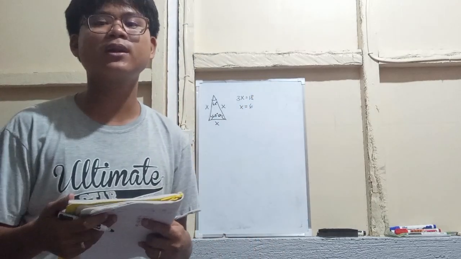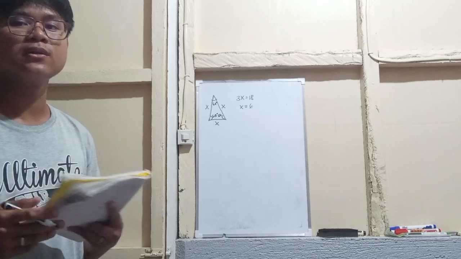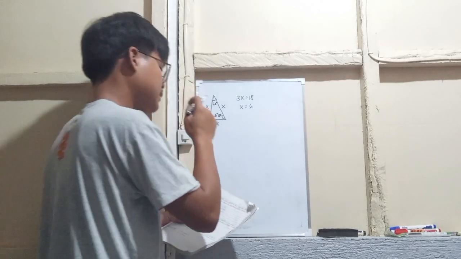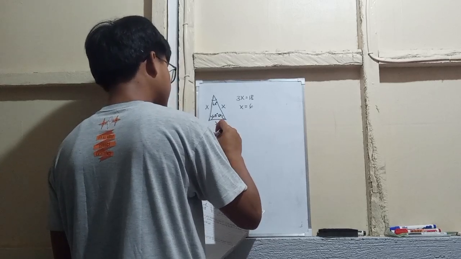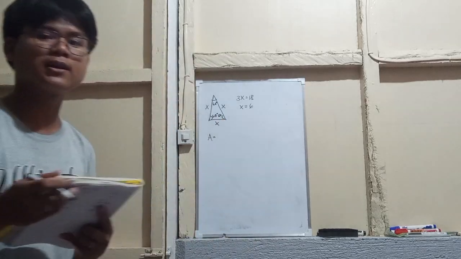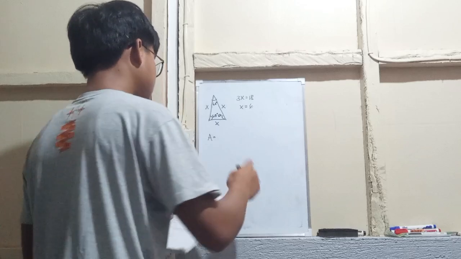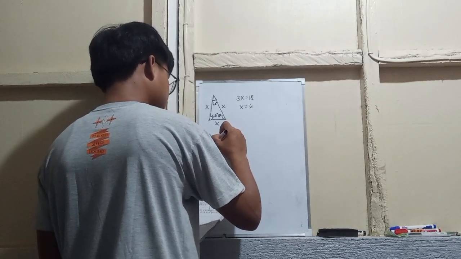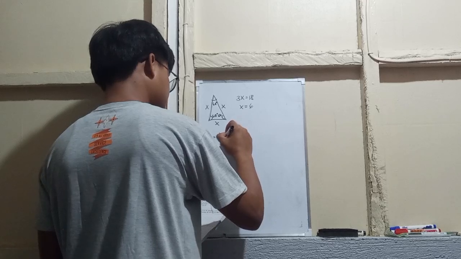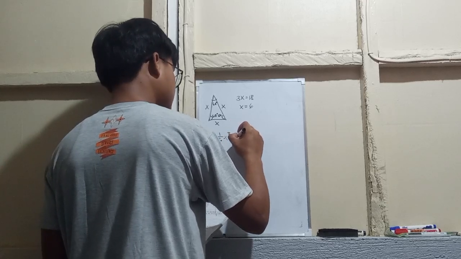So now that we have the value of the side, we can substitute it into the formula for getting the area of a triangle. So we all know that in getting the area of a triangle, we have the formula of 1/2 x squared sine theta.